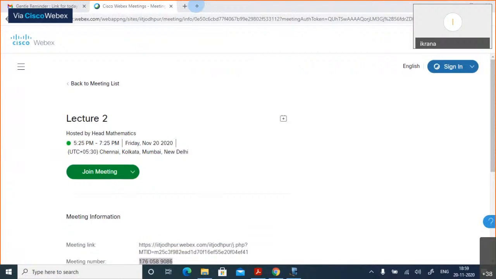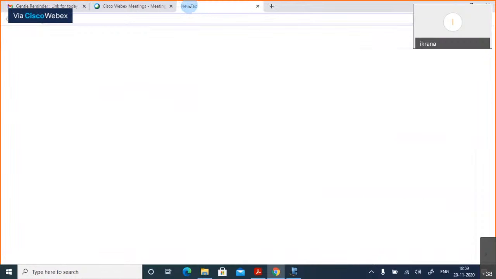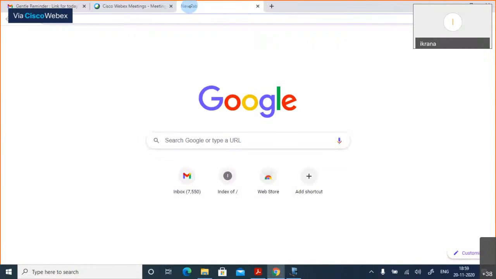I'm changing my orientation from tablet to the laptop. Is my screen still visible?